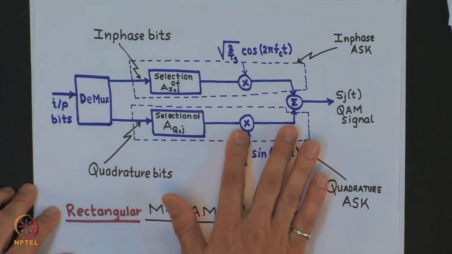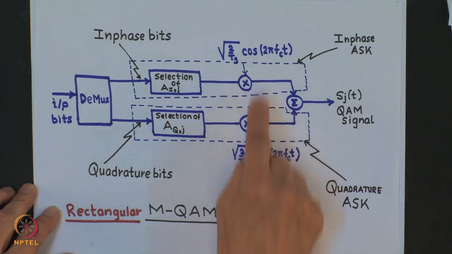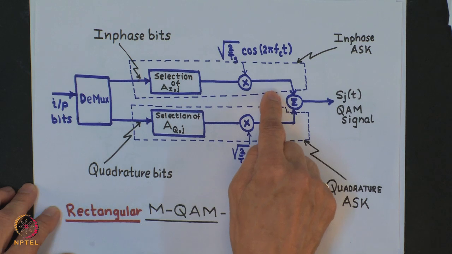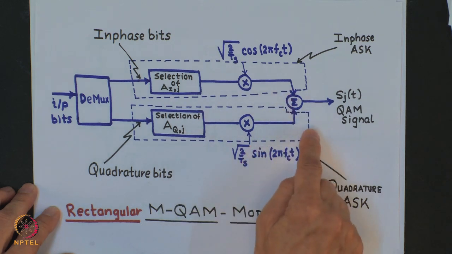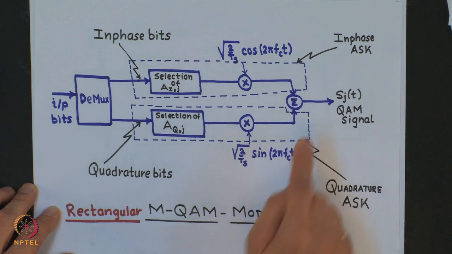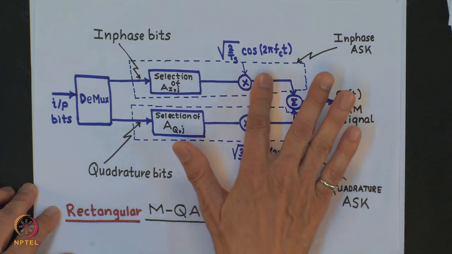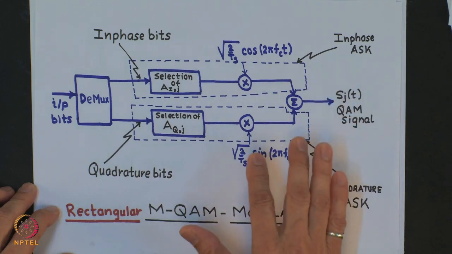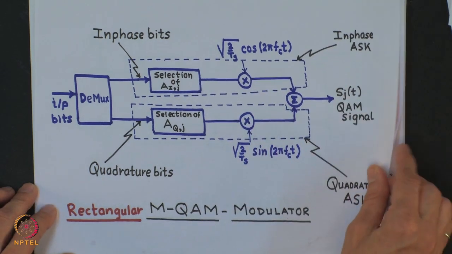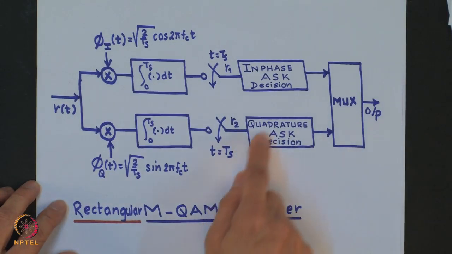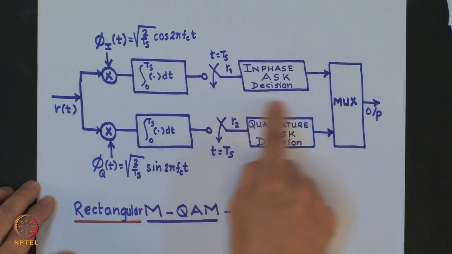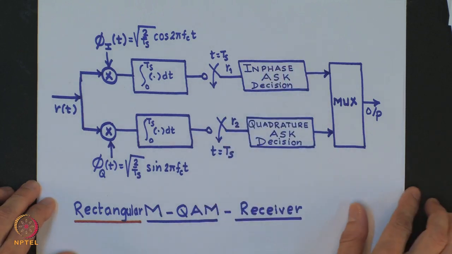So, for square constellation, each carrier will have root M, that is equal to 2 raised to n by 2, signal points. Since the signals in the phase and quadrature components can be perfectly separated at the demodulator, the probability of error for QAM can be easily determined from the probability of error for ASK signals.